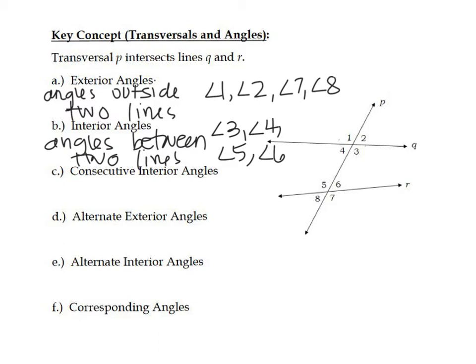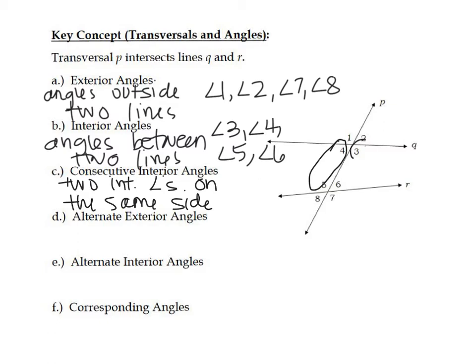When we talk about consecutive interior, those are two interior angles on the same side of the transversal. So angles 4 and 5 and then angles 3 and 6. Angle 4 and angle 5 are a pair of consecutive interior angles. And then angle 3 and angle 6 are another pair.